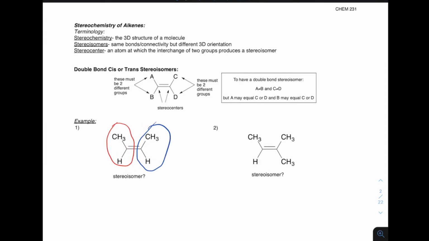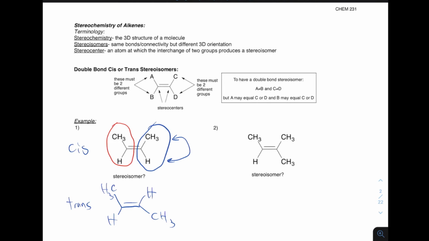And if we were to draw the other stereoisomer of this, and we've kind of seen this already, right? If we switch the position of 2 of these groups, we get the resulting stereoisomer, right? This is the cis-trans stereoisomer, right? Where this one on the top is the cis isomer because the groups are on the same side, and this is the trans isomer. And over here, right, we can't do that anymore, right?